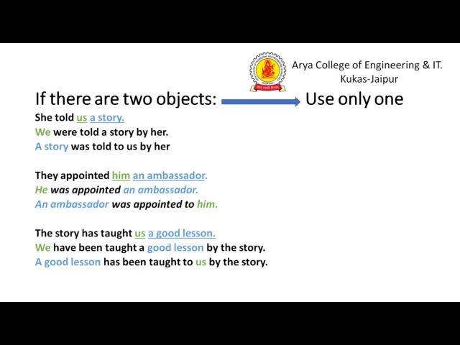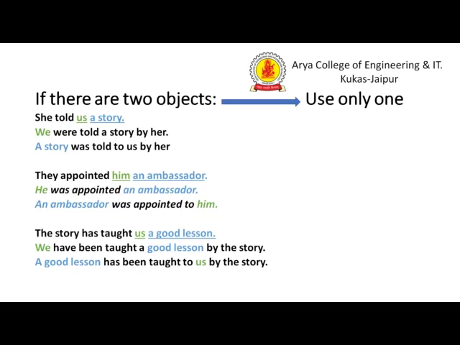Students, you can see that she told us and a story. These are two objects we have, and these objects we have to use as a subject. So when we are converting active to passive voice, then we have to apply a story and us. So us we will consider as we, and story as a story.